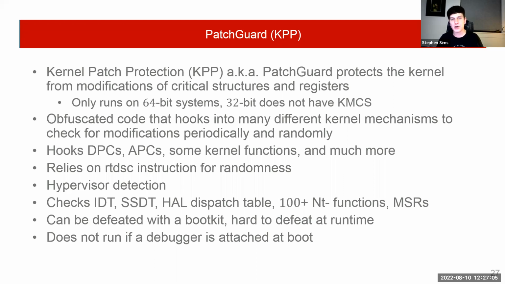So what PatchGuard does is it makes it so you can't overwrite critical areas of memory in the kernel, especially those that support indirection or critical structures or where pointers reside. How do we guard it?